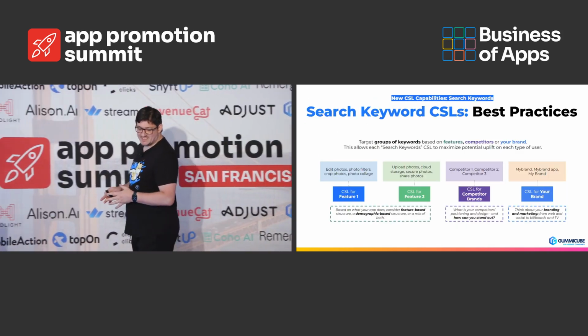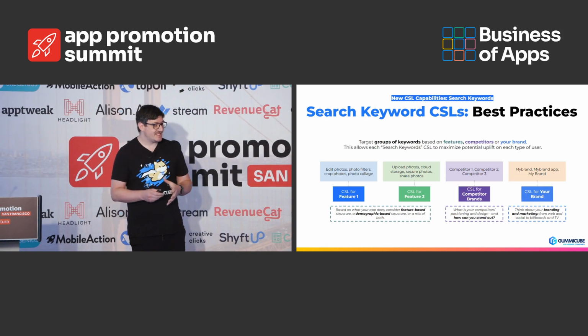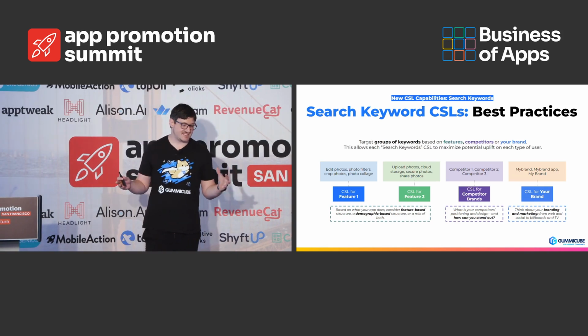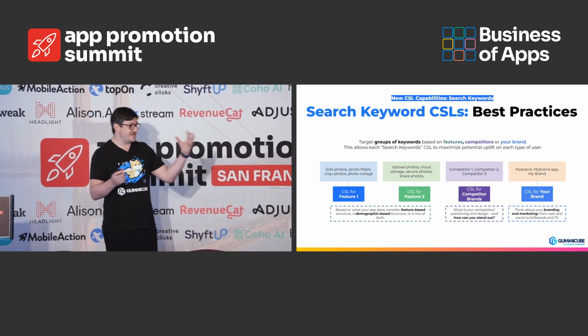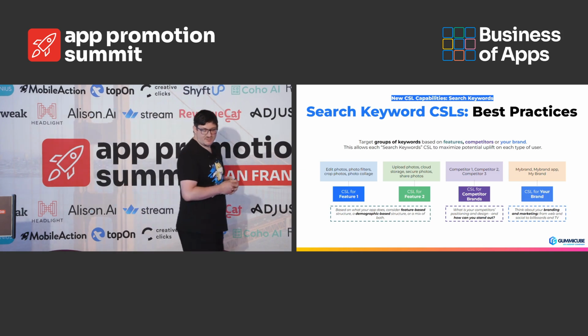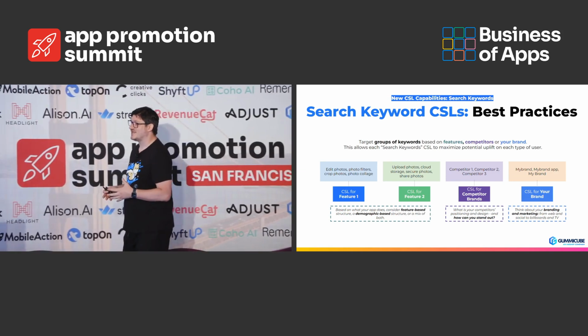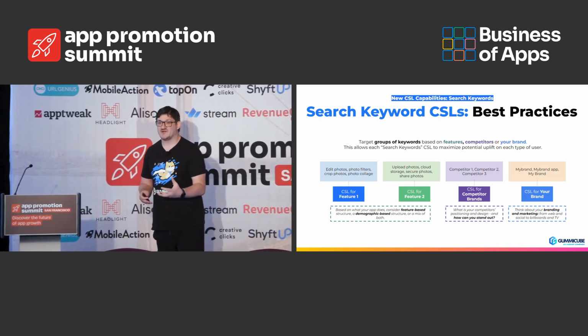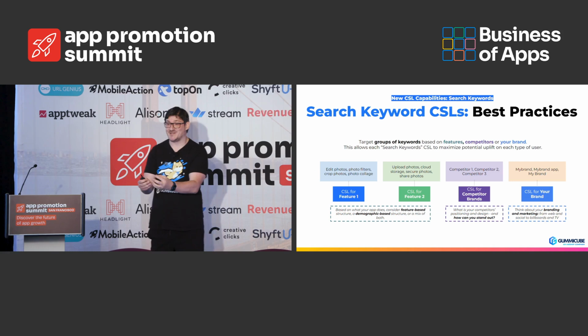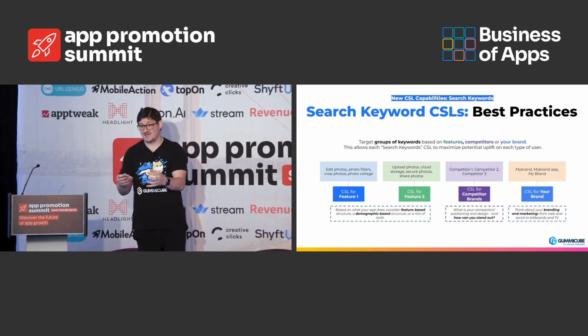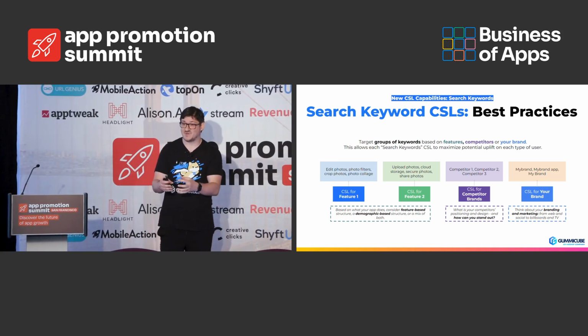In terms of best practices for us, we always like to think about how to build out CSLs in terms of features, right? In terms of competitors, and then perhaps in terms of your brand and whatever your brand strategy is. For example, retailers often have a lot of tentpole things going on in their stores or going on from a perspective of what's on their e-commerce website.